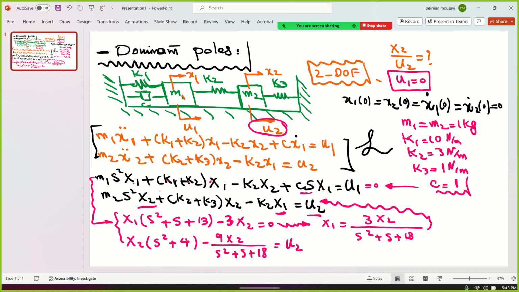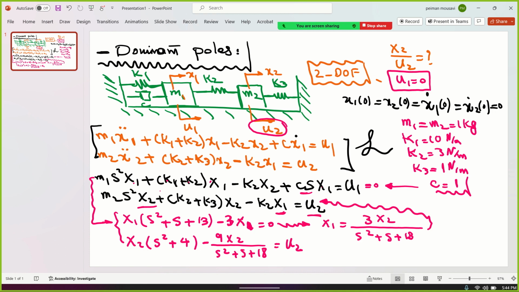We got it? 3 by 3, 9. This is X1, guys. I wrote it mistakenly. Sorry, guys. K2 is 3, X1. So 3 by 3, 9. Okay.